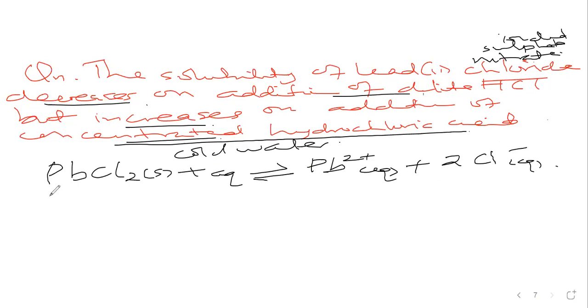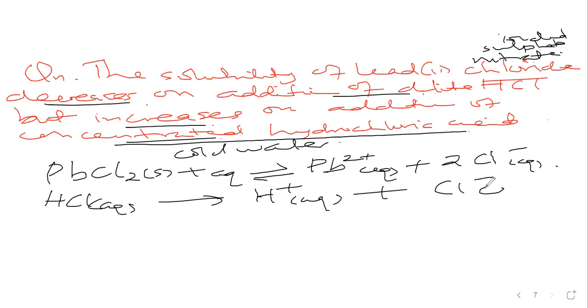Now we are adding dilute hydrochloric acid. Remember, dilute hydrochloric acid is a strong electrolyte. Are you aware of that? Yes, teacher. So it completely ionizes to give us hydrogen ions and chloride ions. What effect are you seeing here? I want you to think.